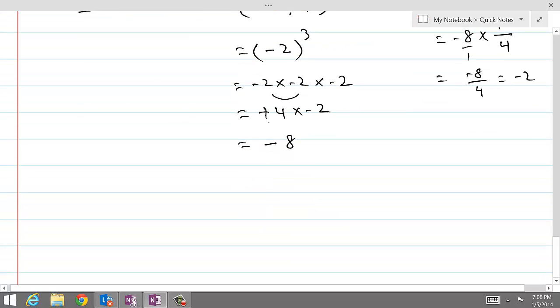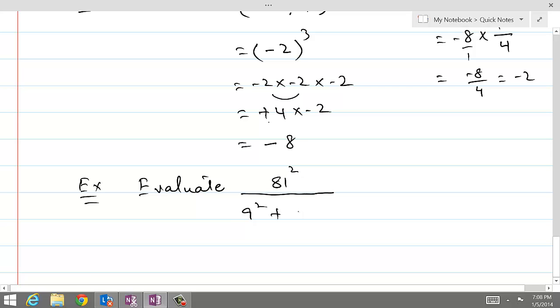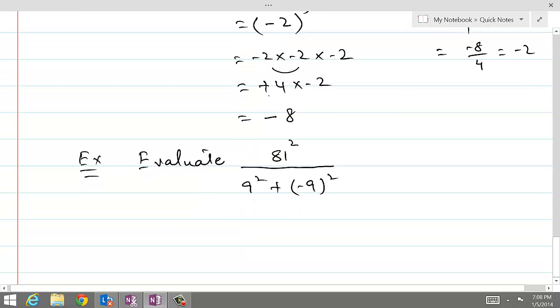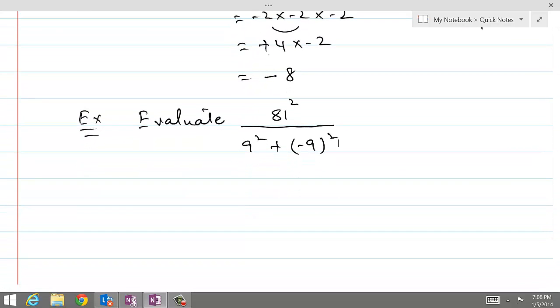And one more question. This question is evaluate 81 square over 9 square plus minus 9 square. If we want to evaluate this expression, we can see that the whole 81 square is being divided by the denominator.